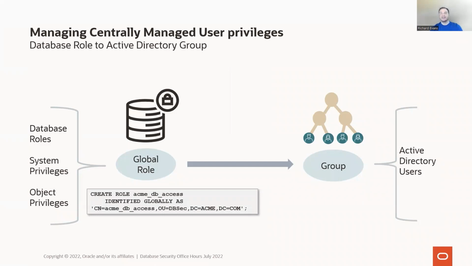So we're going to pass it the map to the group that is in Active Directory. Enterprise User Security does Oracle Internet Directory, Oracle Unified Directory. Centrally managed users is specific to Active Directory. Okay, we've got two different tools to do this. Right now, we're talking about centrally managed users and Active Directory.